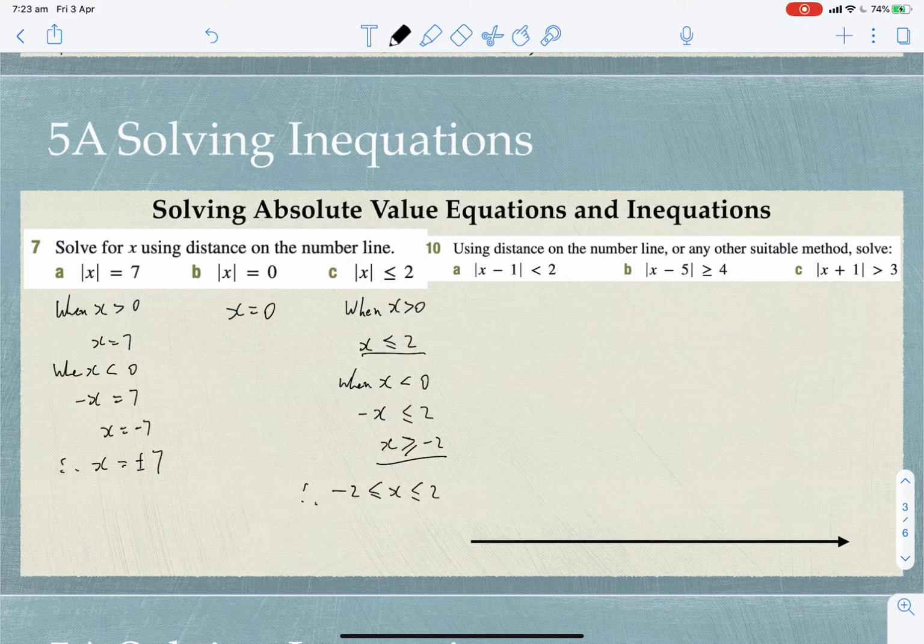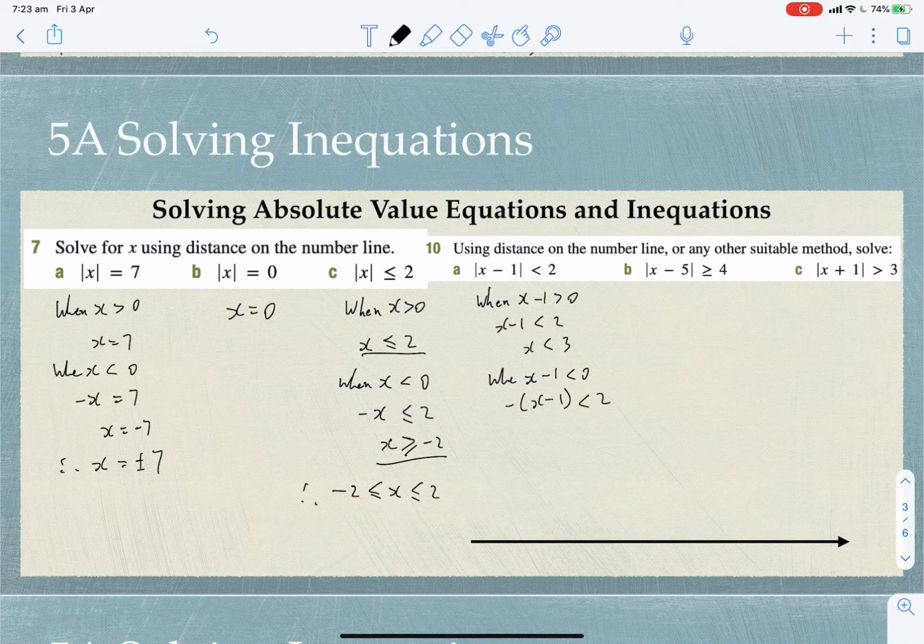Now solving those ones is basically the same. So again, you got two situations. When x minus 1 is larger than 0, that doesn't change. So x minus 1 is less than 2. So plus 1 on both sides, that would be 3. Now when x minus 1 is smaller than 0, you need to put a negative sign in front, because that's what the absolute value does to the term.